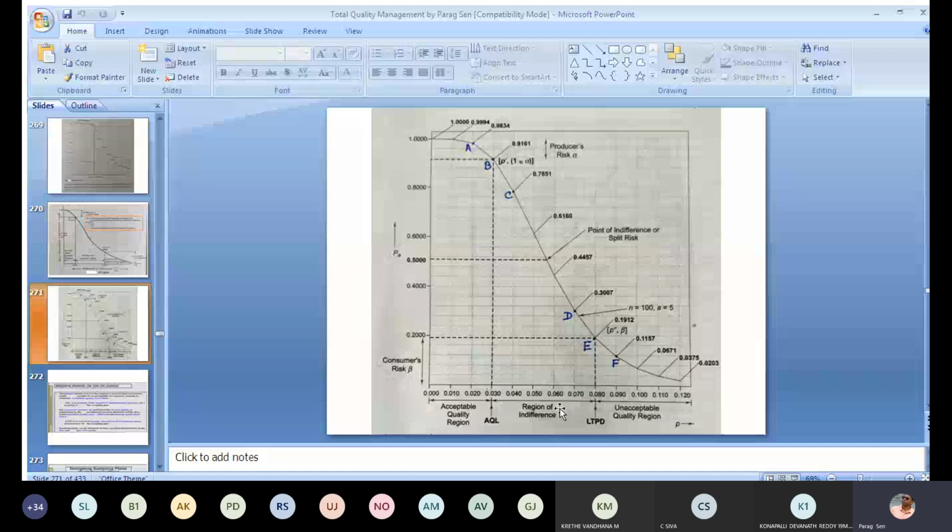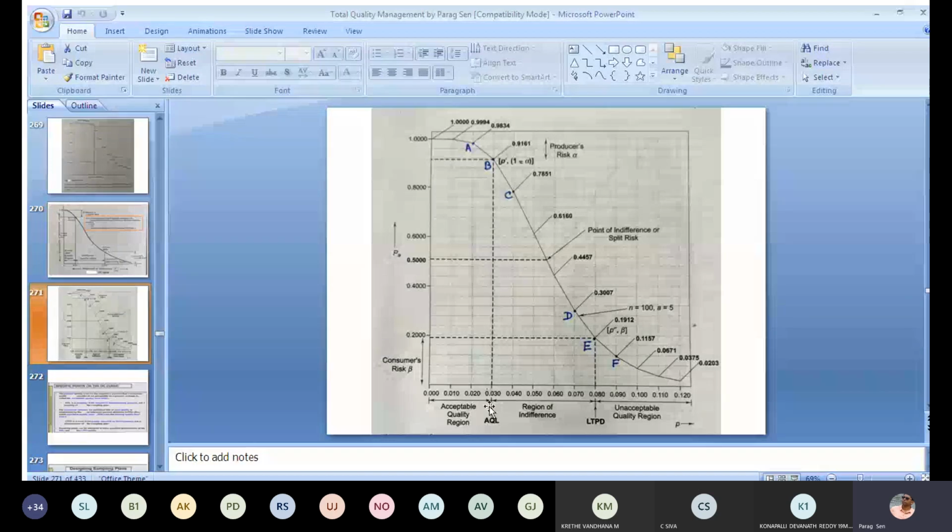For example, the producer and the consumer have decided that our AQL will be 0.03 and our LTPD will be 0.08. What does it mean? It means that if the lot contains up to 3% defectives, that will be definitely accepted by the consumer.